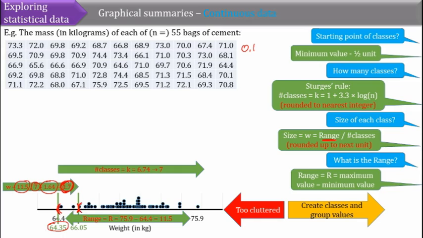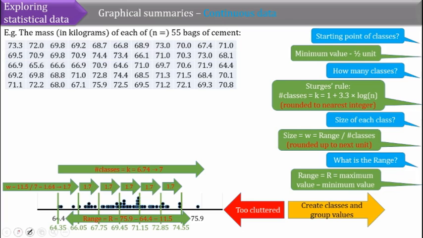So the next class will start at 66.05 and it will go up by 1.7. And that will take us to 67.75. And then we'll add another 1.7. And we'll keep on adding 1.7s until we have 7 classes, because that's what Sturge's rule gave us. According to this calculation, we should have 7 classes.